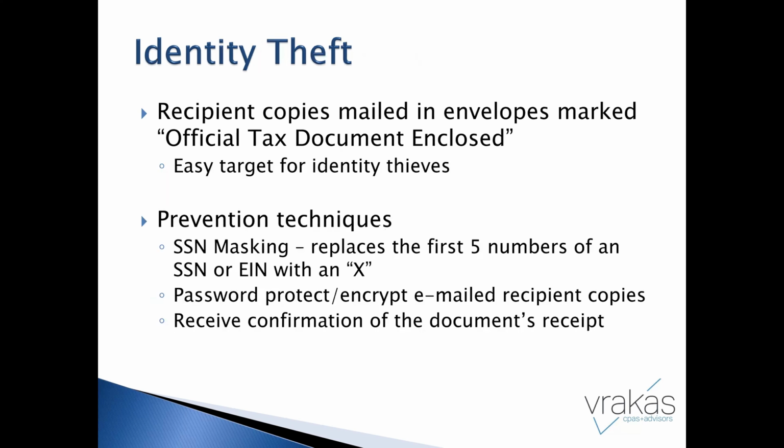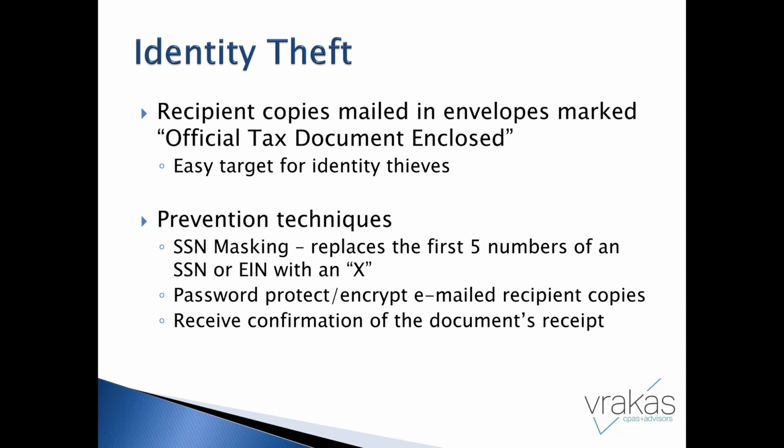And then also one thing I want to make note of, again, this is paper filing. When you're sending them to the recipient, it used to be that you'd always have an envelope marked official tax document. Now we try not to do that. Because if I'm looking at your mail, what is the first thing I'm going to take? That official tax document. Even though it's a federal offense, they're not worried about that.